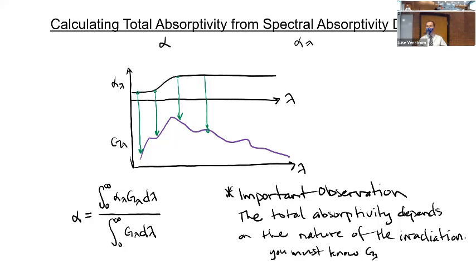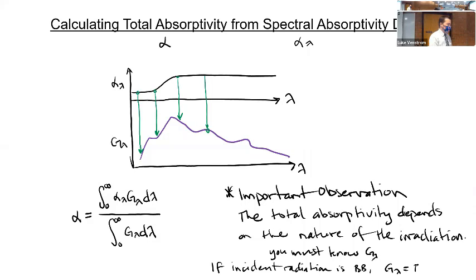Now, what's going to be nice is if the incident radiation is black body radiation. Because if the incident radiation is black body radiation, then you can make a substitution: G sub lambda is equal to E_b sub lambda at whatever the temperature of the source is.